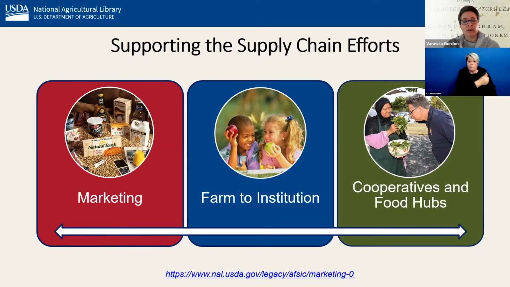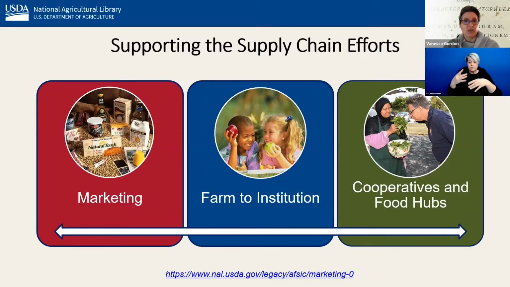So typically they're federal agencies, land grant universities or university partners, resources that you can rely upon. For cooperatives and food hubs, we have items such as the Regional Food Hub Resource Guide, food systems data tutorials, and access to, I'm sure most of you are familiar with the Agricultural Marketing Service, AMS.